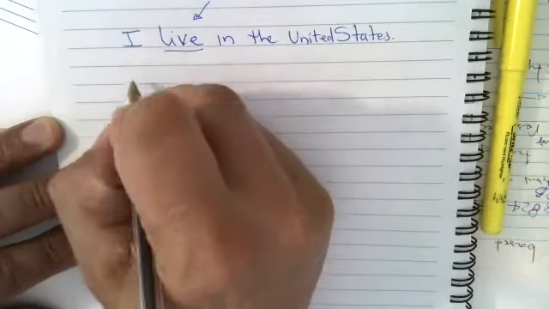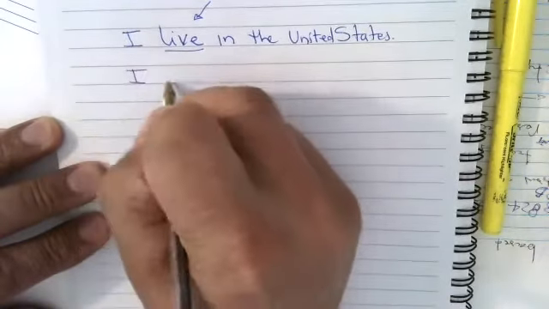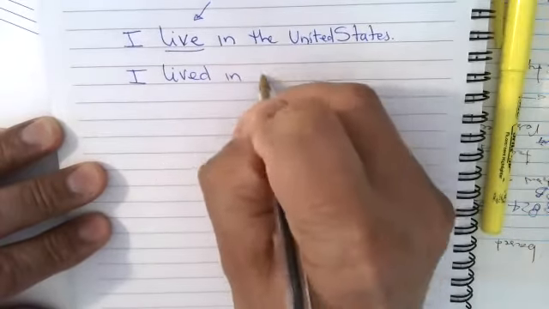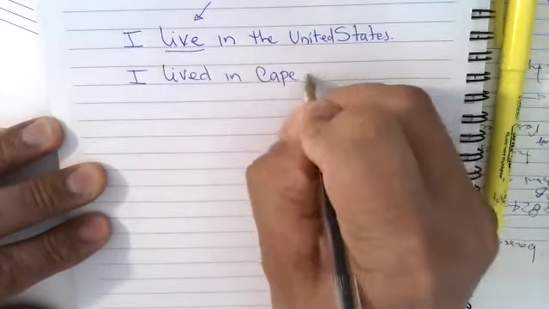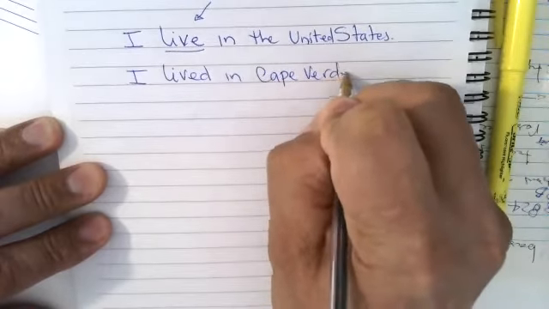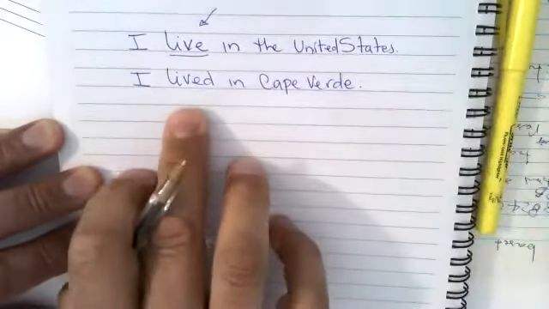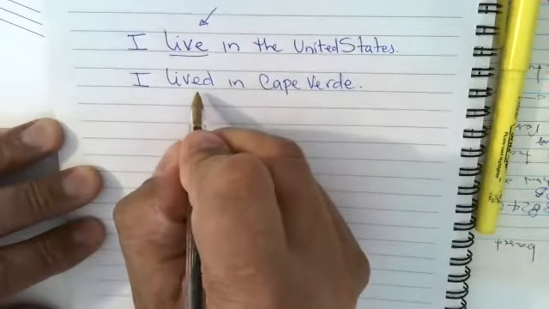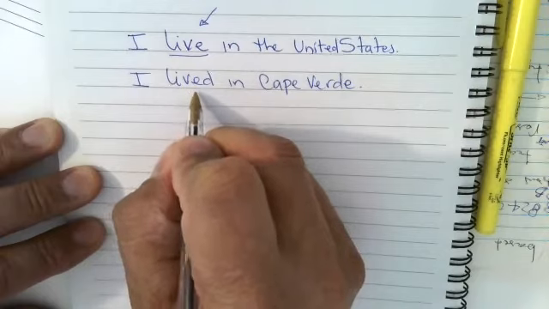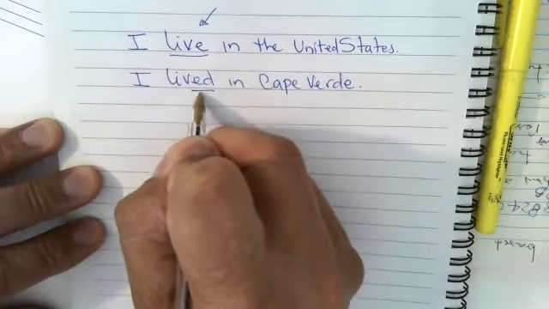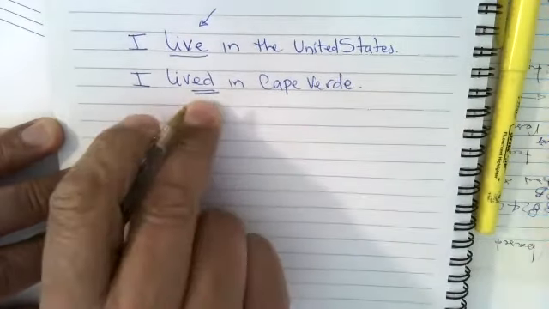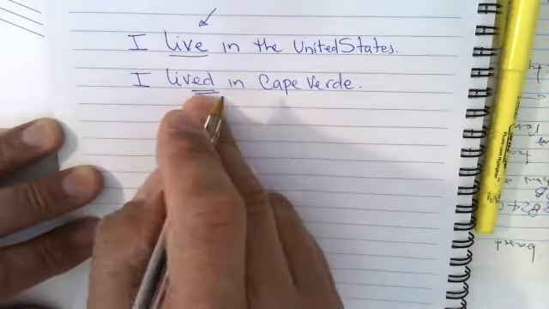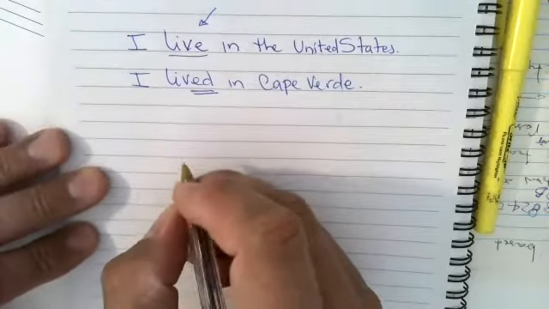But before, I lived in Cape Verde. Okay? This shows something that happens in the past. The way I can show this is because the verb goes to the past tense. All right? So this showed something that we talk about the past.